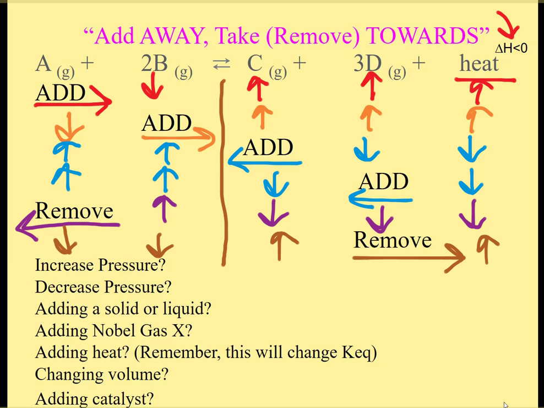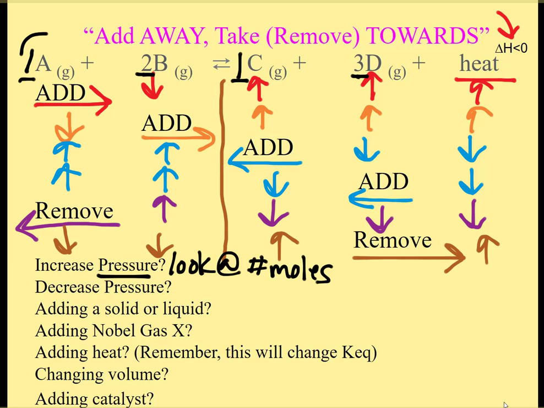So pressure is something a little bit different. When we look at pressure, we're going to look at the number of moles. And what I mean by looking at the number of moles is I'm looking at the 1 to 2 to 1 to 3 ratio. So I see that overall on my reactant side, I have 3 moles, and on my product side, I have 4.